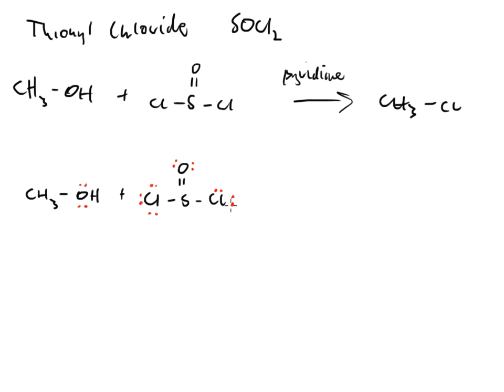So 7 dots: 1, 2, 3, 4, 5, 6, and then 1 from the bond is 7. Chlorine has 7 valence electrons, 7 minus 7 is 0 formal charge. So we're going to react these 2 things together. How do we do that? Well, mechanism-wise, we start with our negative piece and we draw it toward the positive piece.